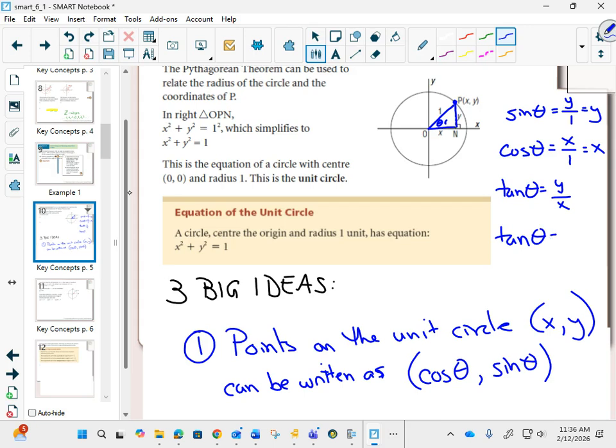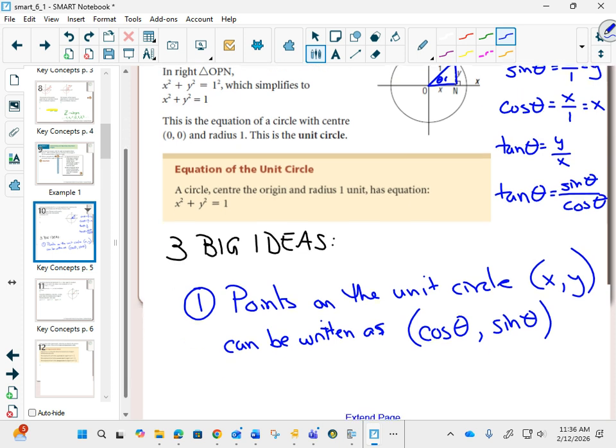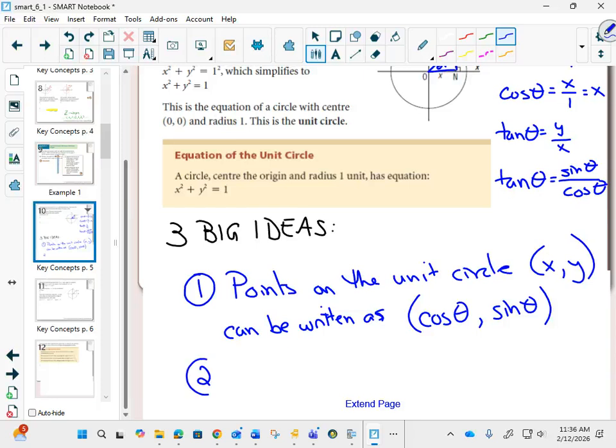What's another way I could write tan of theta? Well, if y is sine and x is cos, we get the following relationship. Big idea number 2 is that tan of theta is always sine of theta over cos of theta.